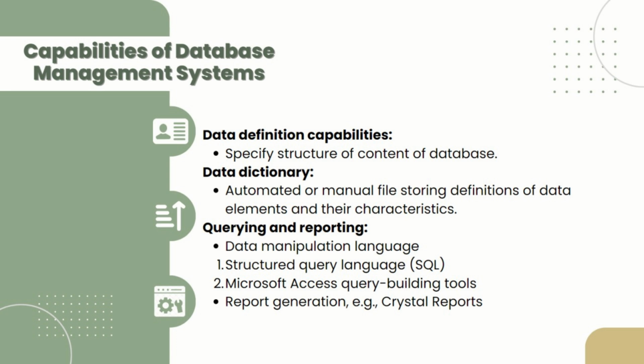The data dictionary contains information such as data element names, data types, lengths, default values, descriptions, and constraints. It serves as a centralized reference for understanding the database structure and ensures consistency in data definition across the organization.